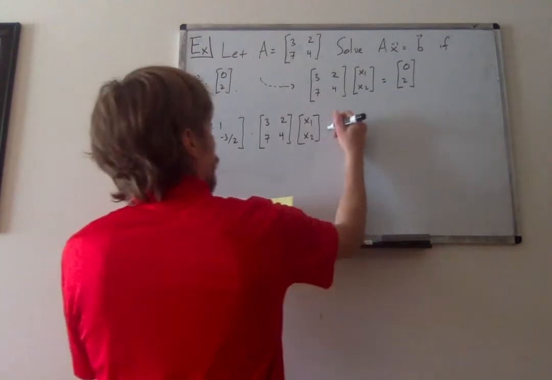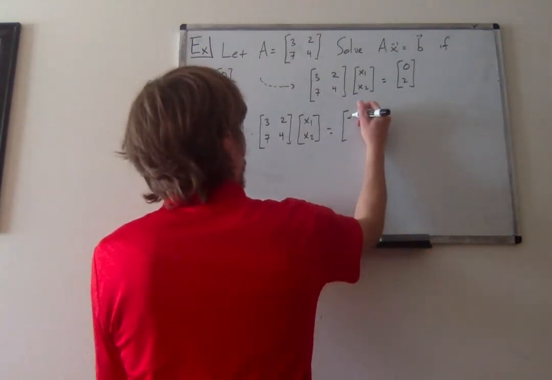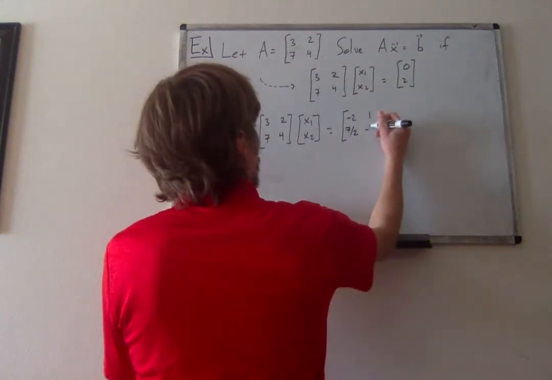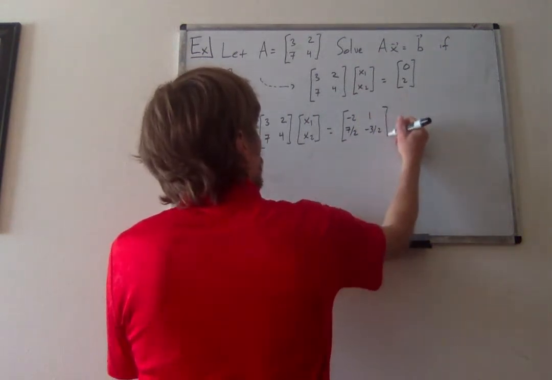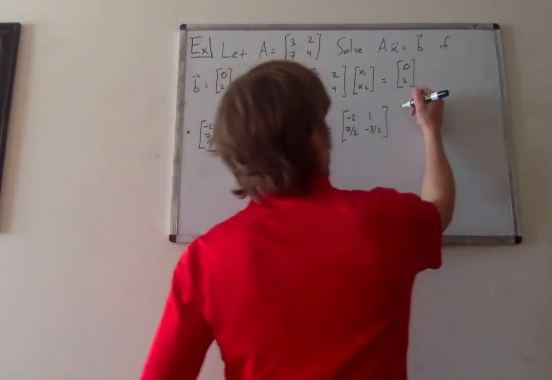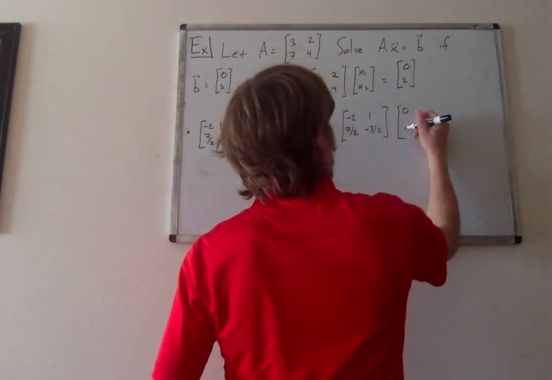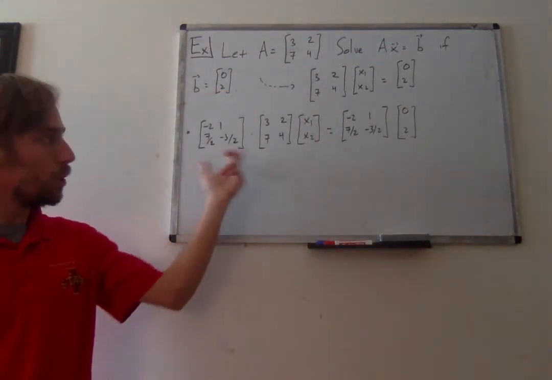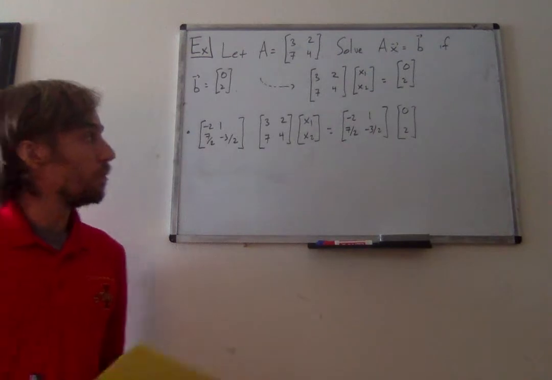and so I'm allowed to do this, certainly. I'm allowed to multiply both sides of the equation by the same matrix. All I did was take this matrix A inverse, which we had calculated in the previous example, and multiply it on the left on both sides of the equation.